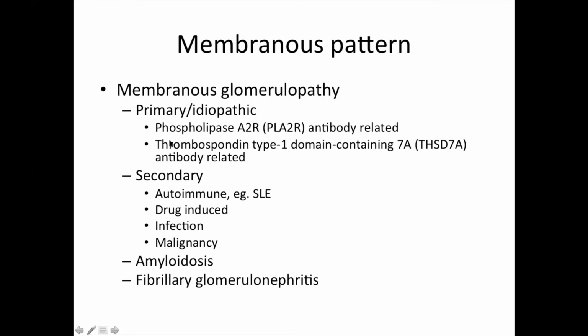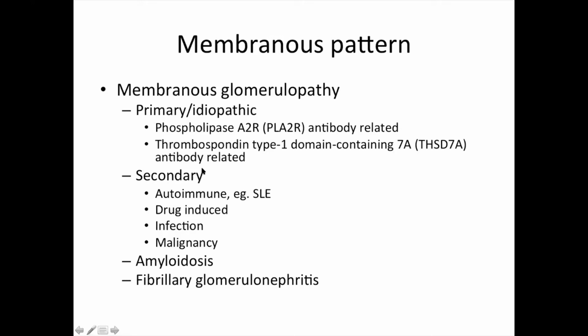Primary in about 80% of the cases are those who have an antibody against phospholipase A2R, or PLA2R. And primary membranous nephropathy will show us positivity for PLA2R in 80% of the cases. In 10% of those cases that do not show positivity for PLA2R, they might have the antibody against thrombospondin type 1 domain containing 7A, THSD7A, which is not very common.